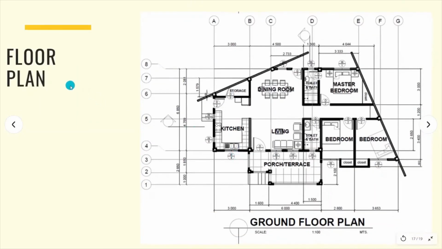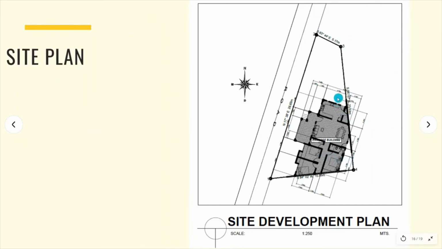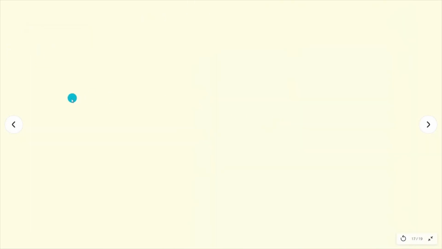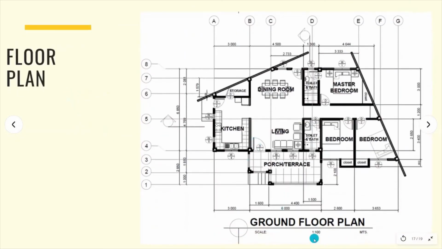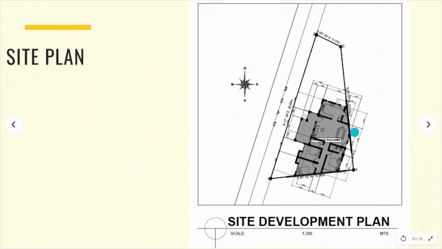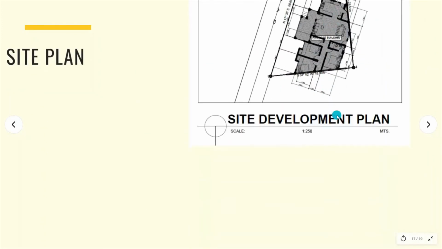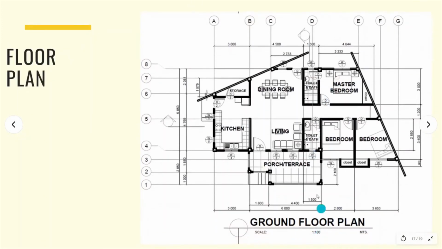Then moving on sa atong floor plan. So makita na to mo na ang building niya. So mo na ang building niya, mo na ang floor plan. Gi-focus na to na siya into scale is to 1:100. So mo na nga building ang ibutang ani nga lot. Okay? So as you can see, 1:100. So mas clear na siya, mas kita na nato ang pila dimensionings niya.